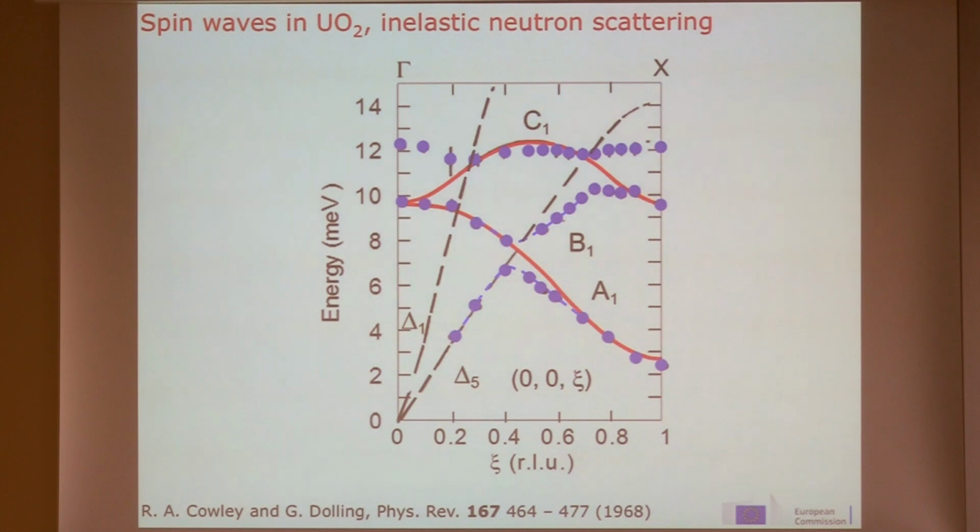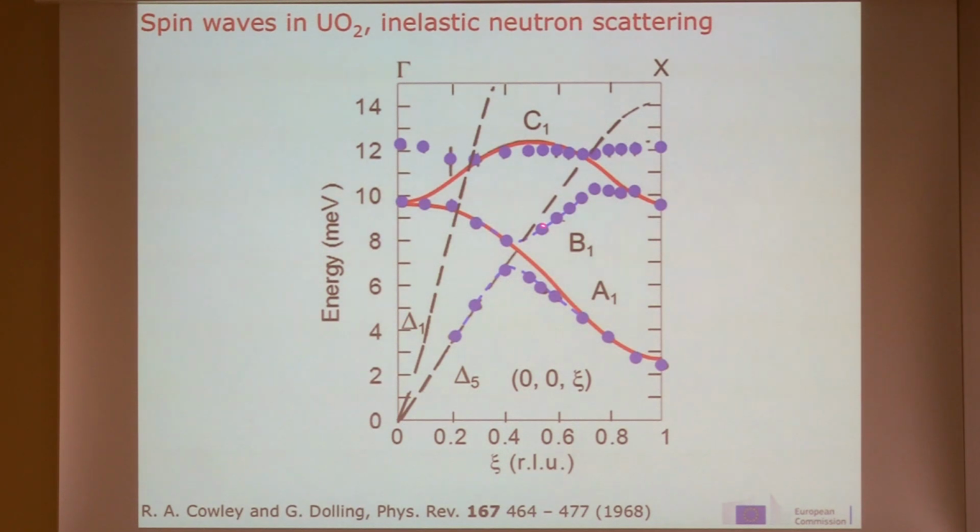Then these experiments were done at low temperature, in the ordered phase, at small values of Q, and they were sensitive to magnetic excitations without polarization analysis. So there were very surprising results.